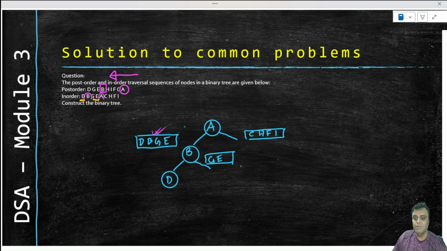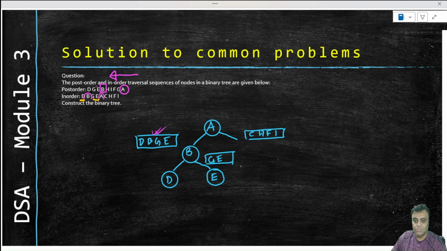So the same thing we will do again. We will take G and E and start searching in this post order sequence from right to left. Which comes first? Does G come first or E come first? Of course E comes first. Therefore E is the root of this small subtree.